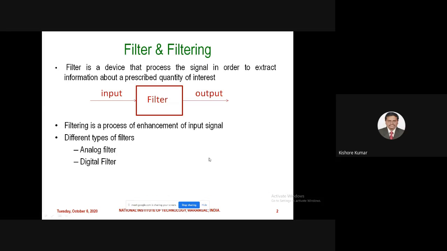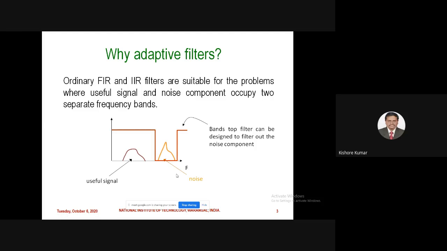So basically, the filtering and filter. A filter is a device that processes the signal in order to extract the information about the prescribed quantity of interest. As I told you, analog filter, digital filter. When I have these filters, why do we want to go for adaptive filters?